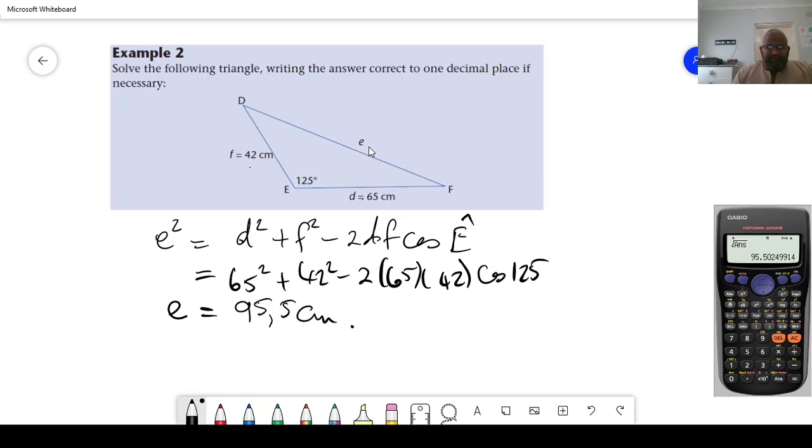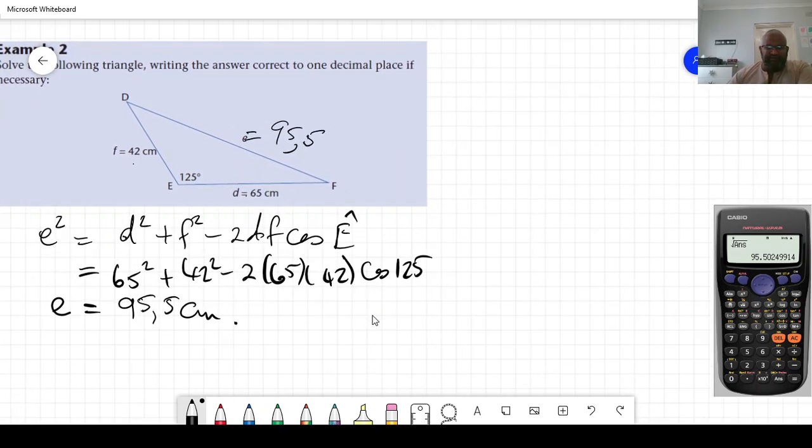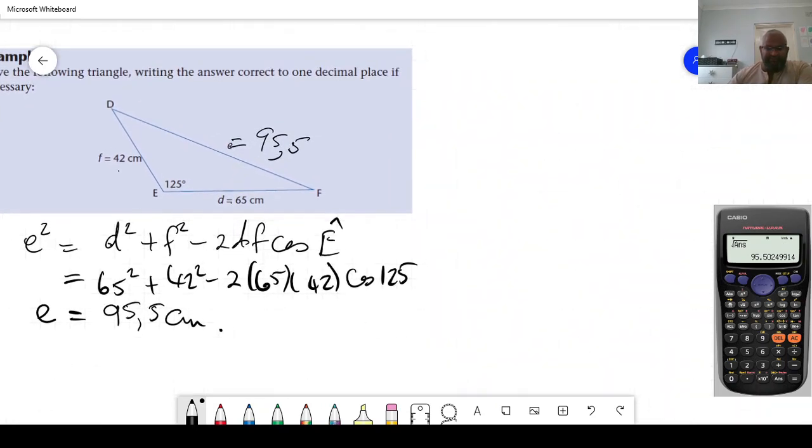Now, since we got that to be 95.5, as you can see here, I've got two lengths and a non-included angle, so that you can apply your sine rule. Okay.